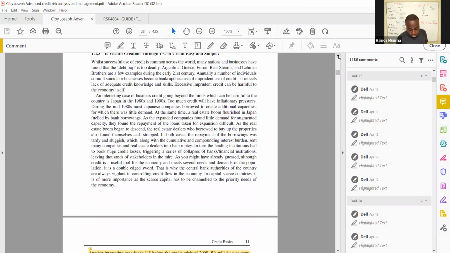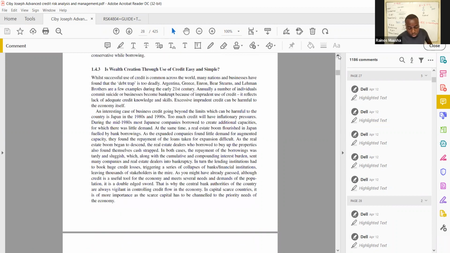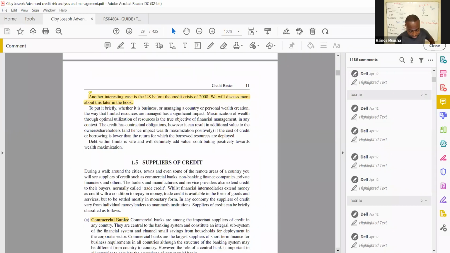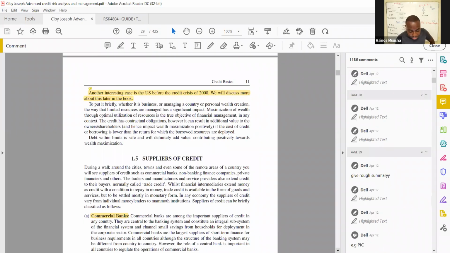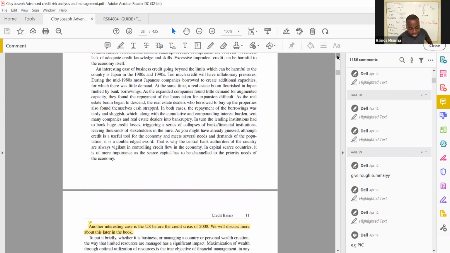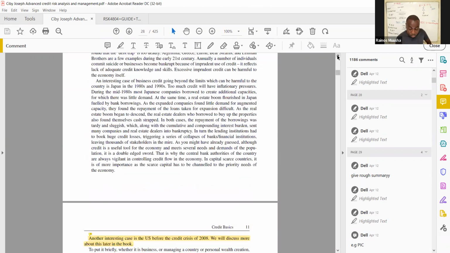In the next section, they say, so is wealth creation through use of credit easy and simple? And on page 11, they say, another interesting case is the US before the credit crisis. We'll discuss this roughly later. When you look at the credit crisis, that's what I was discussing previously, where you look at mortgages where customers were getting credit which they didn't qualify for.